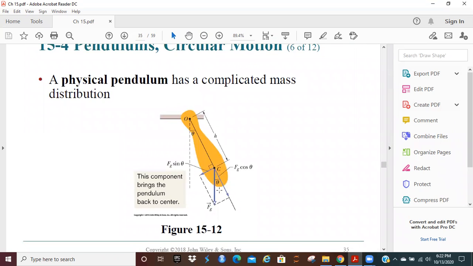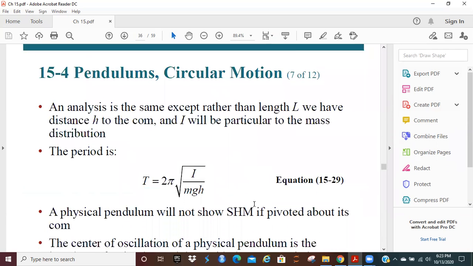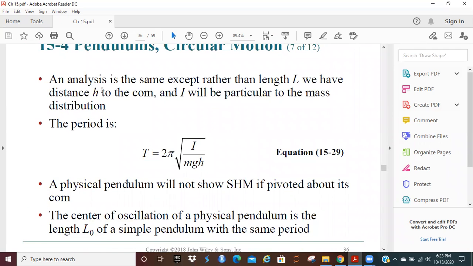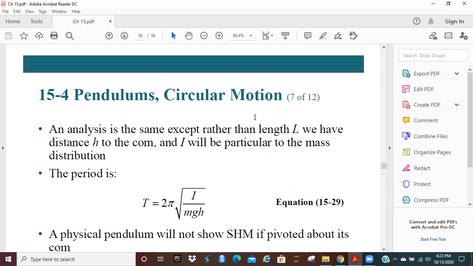And now a real physical pendulum can have a complicated mass distribution. So if we look at this, this is the fixed point and this is the center of mass, we can again model what's going on here by using this center of mass and watching its motion. The analysis is the same, except that instead of the length L, we have distance h to the center of mass.